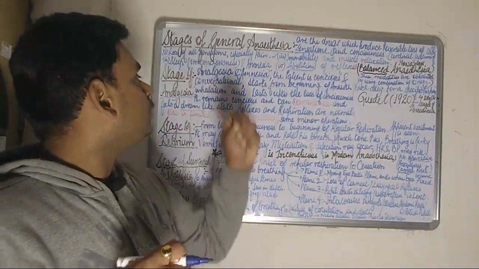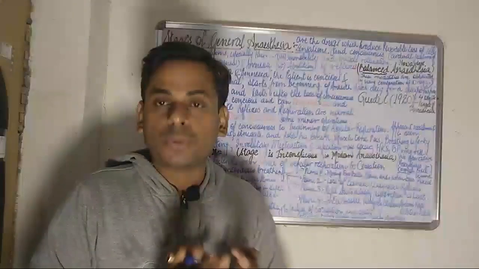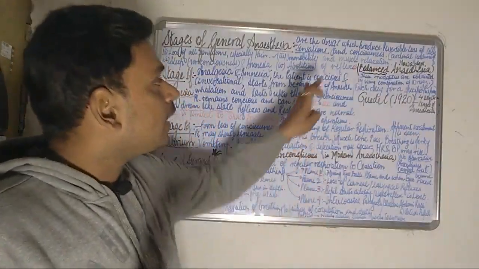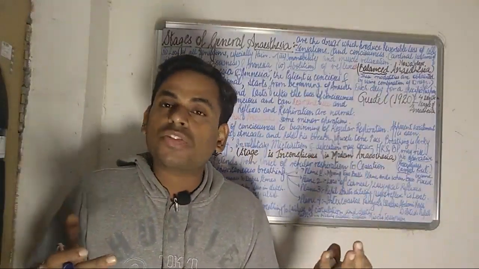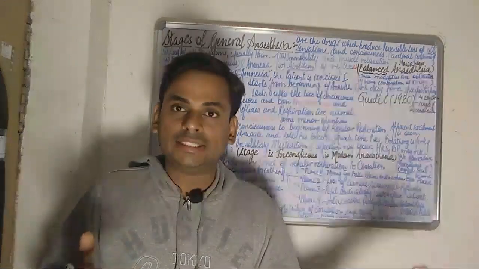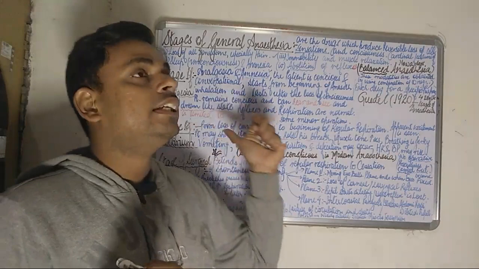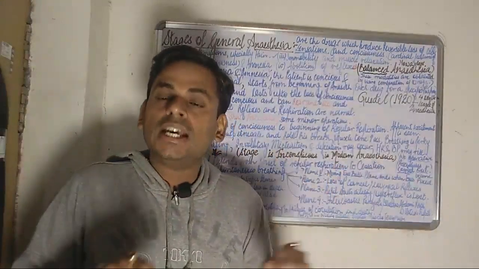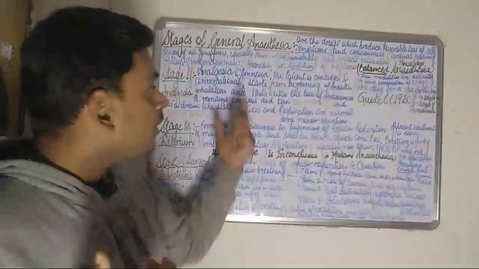During the stage of analgesia, the striking distinguishing feature that can be appreciated is that the patient is conscious and in a state of conversation. The anesthesiologist delivering the anesthesia finds that the patient is conscious and conversing as well.